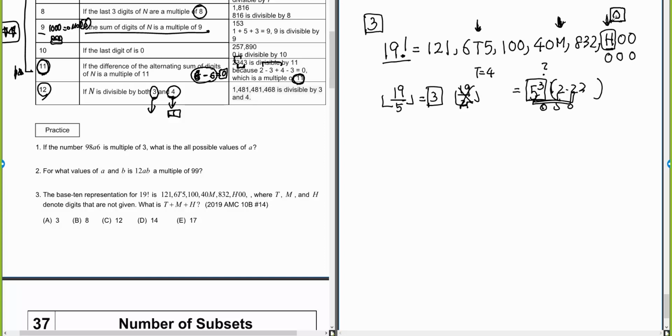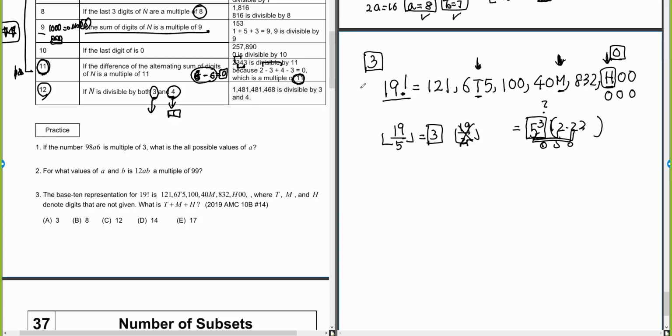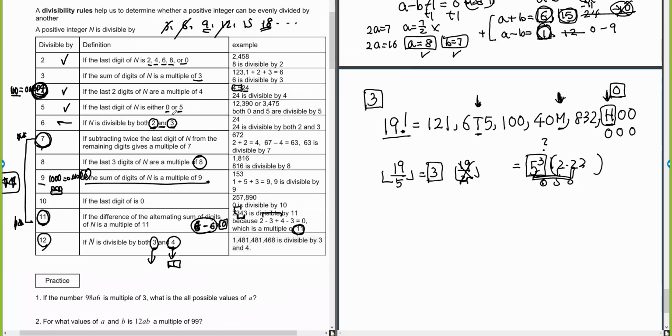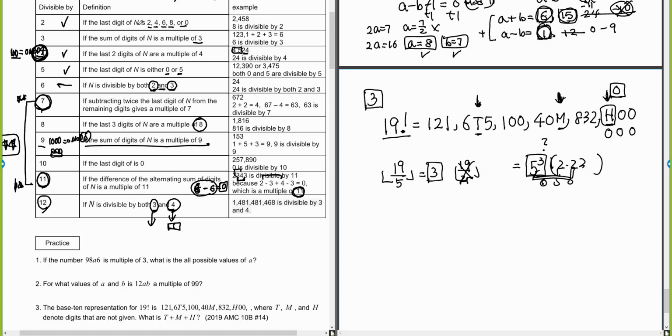That's the first step. Now second step, wow, this is a long way. How can you find the number of T and the number of M? Wow. You can divide by 2? No, it's too much work. 3? Maybe possible, right? Or sum of all digits divisible by 3 is fine.